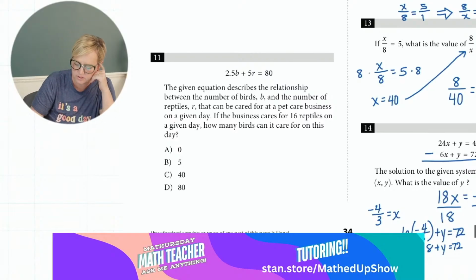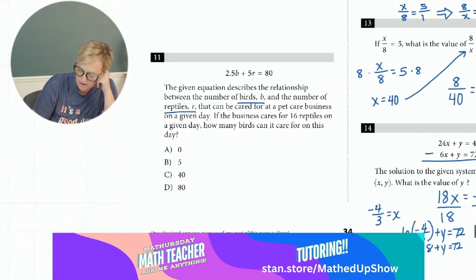Okay, so we've got these two variables going on. We've got the birds and the reptiles that can be cared for at a pet care business. Now, I'm going to say that this is probably the number of hours they can spend with patients overall, right? Like there's 80 hours and you spend 2.5 hours with birds and 5 hours with reptiles, something along those lines.